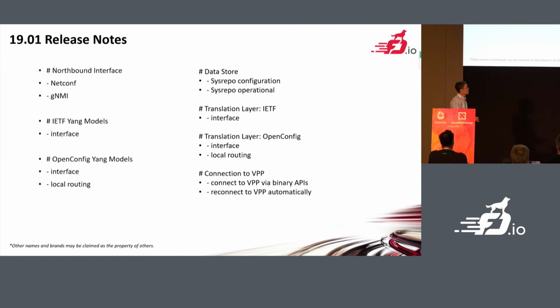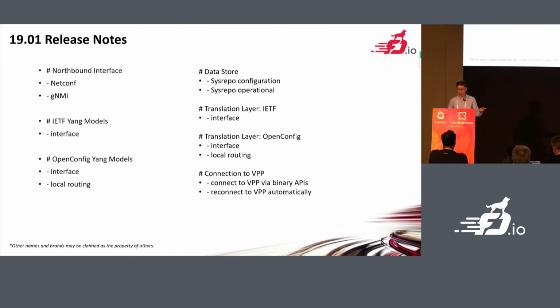Okay, we'll explain some release notes for what we have done in the releases. For the 1901 release, we support Netconf and gNMI in the northbound interface for the SDN controller and the orchestrator. For IETF Yang models, we support the interface.